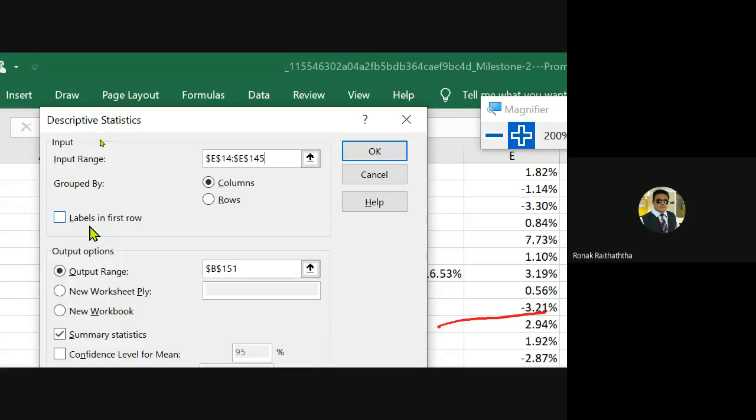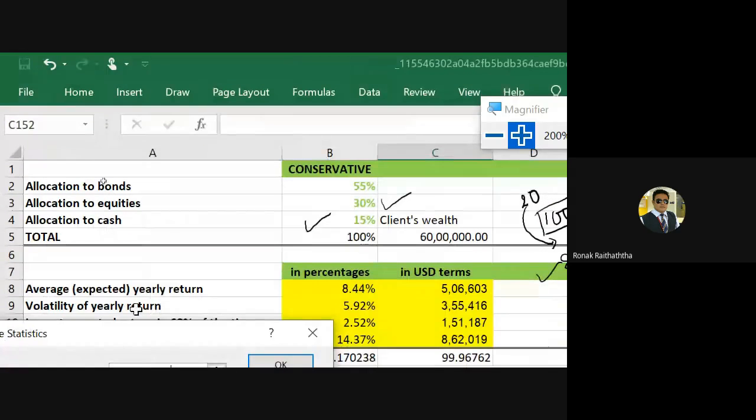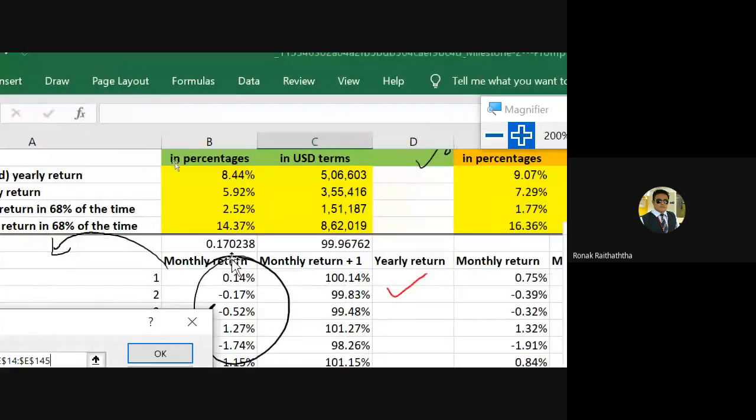If you haven't taken the heading, then there is no need to tick this. The heading here was, I guess, the monthly return, right? While selecting the data, if you had selected from the monthly return, then you would have ticked it. But in this case, it's not selected.